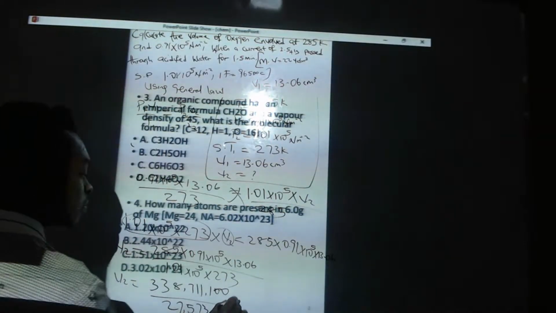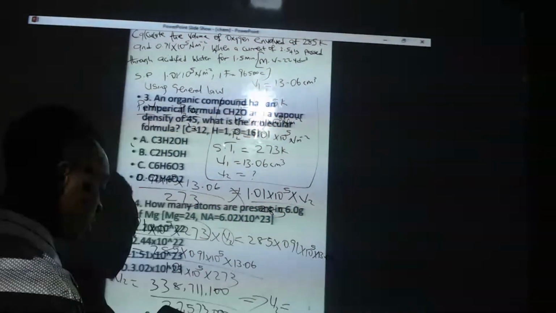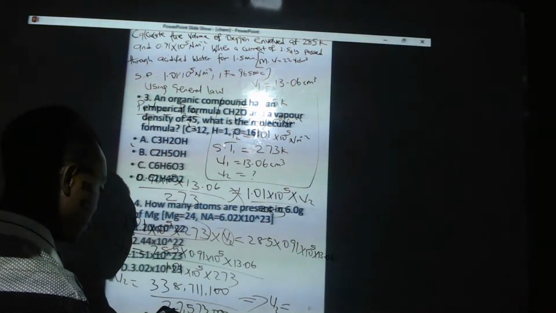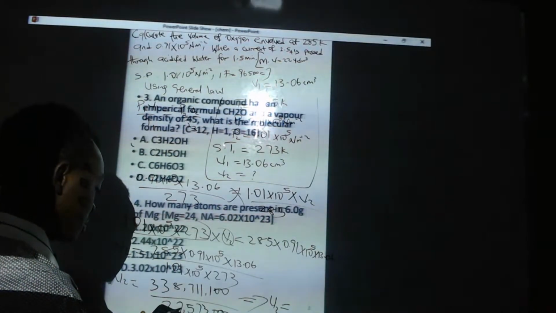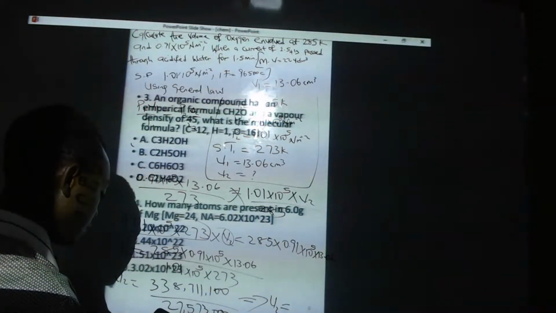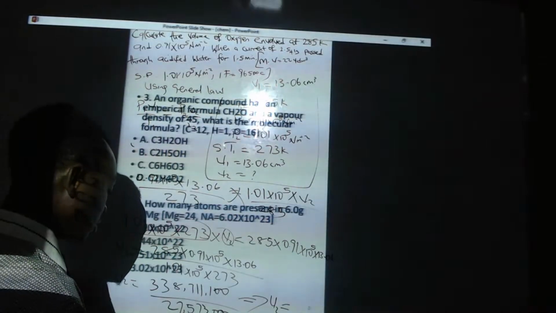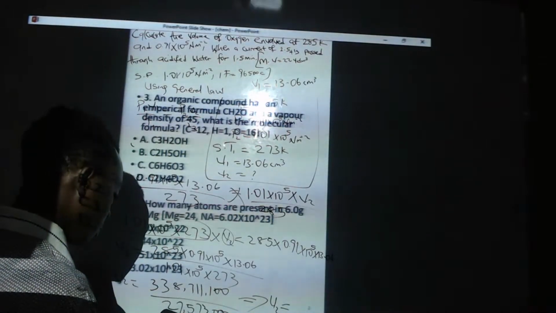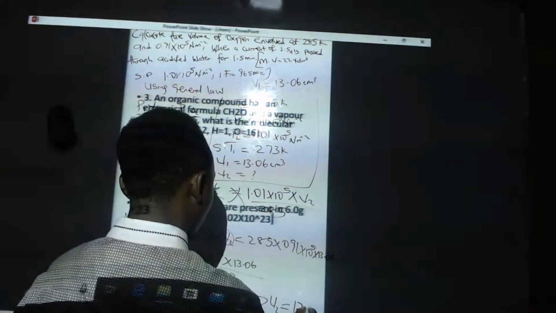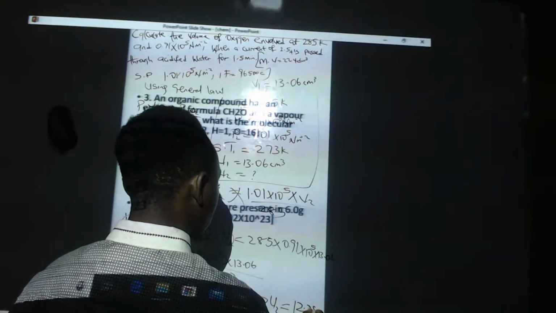Now you divide this, and your second volume here is now going to be 12.28 cm³.